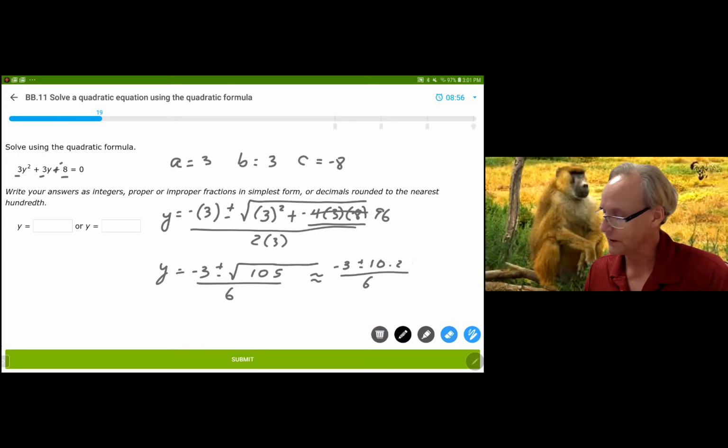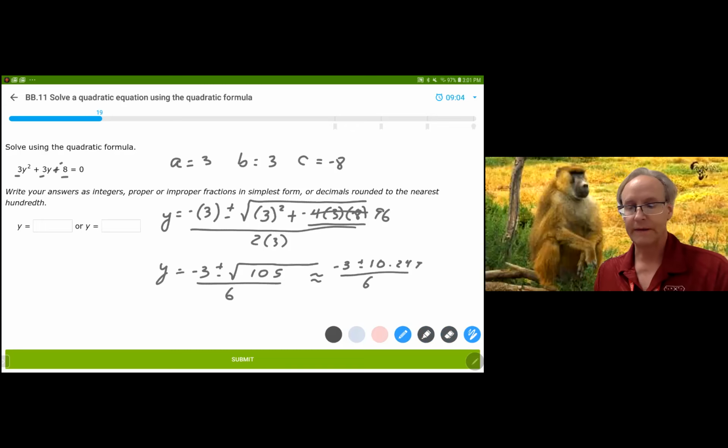So I'm going to go just a few more decimal places. 2, 4, 7. That's going to be far enough. And then I'm going to add my 3 and divide by 6. And I get -2.21 when I round it to the nearest hundredth.